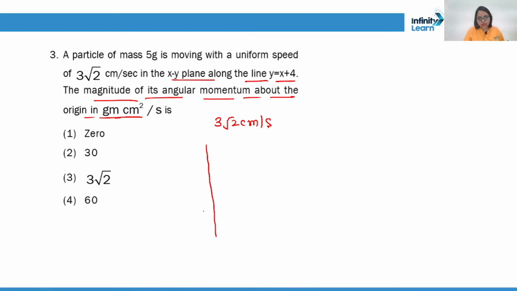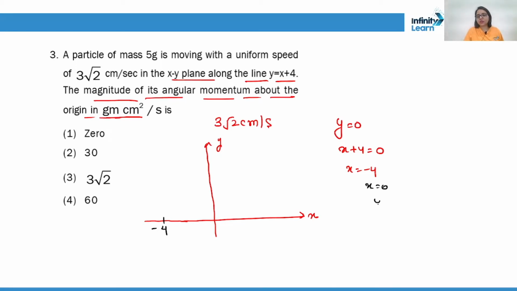So let's draw this straight line in the xy plane, right? When you put the value of y equal to 0, x plus 4 will be 0 and x is equal to minus 4. So this straight line is crossing the x-axis at minus 4. Similarly, when you put x equal to 0, y will be 4. So the straight line is crossing the y-axis at plus 4.